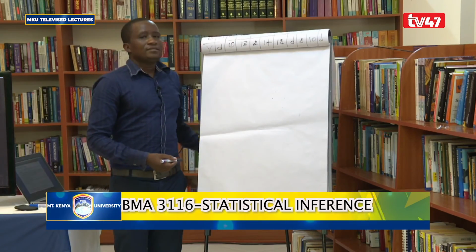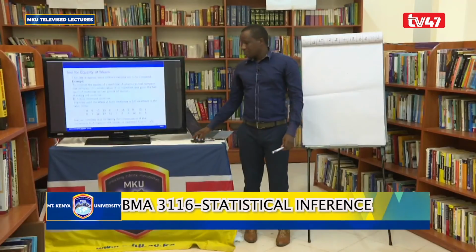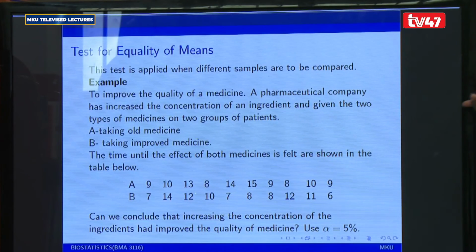This is how we get the degrees of freedom. So we can now calculate and carry out this test. We want to improve the quality of medicine. Our pharmaceutical company has increased the concentration of an ingredient and given the two types of medicine to two groups of patients.